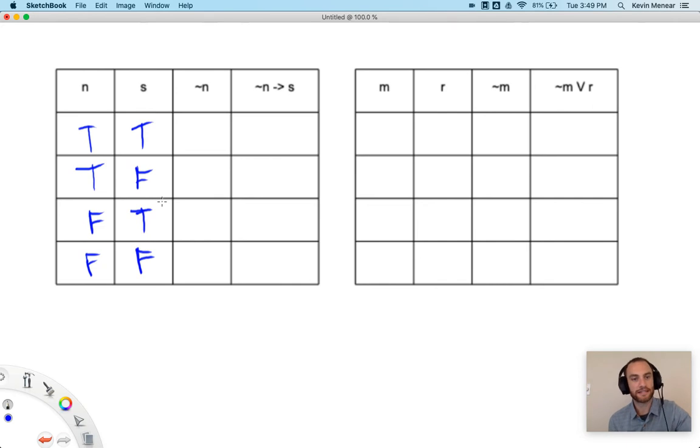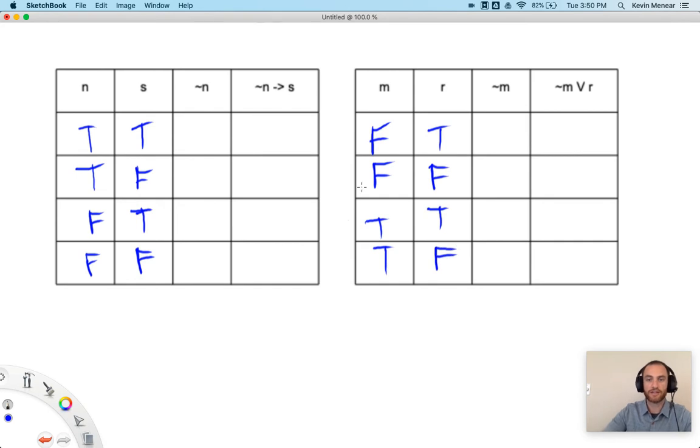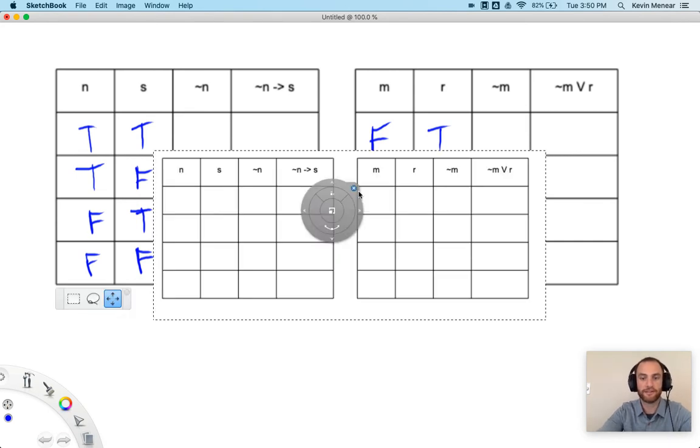Why should I do it that way? Well, the reason is that it doesn't matter the specific pattern. I could have done false, false, true, true, true, false, true, false. I could have done it a different way.